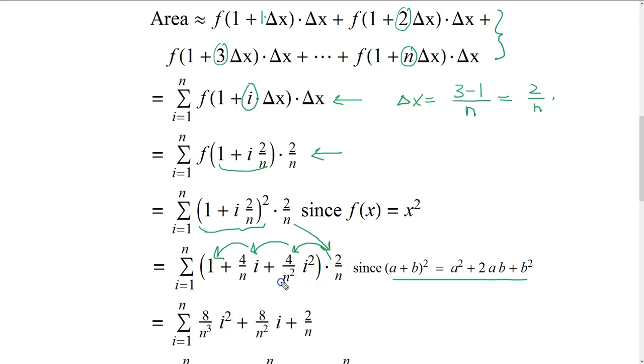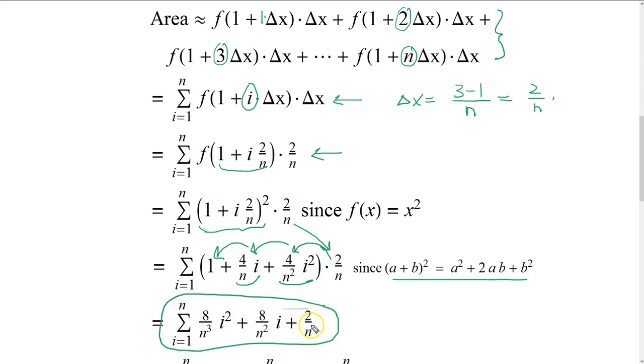That's 2 over n times this first term right here. That gives us this. And then 8 over n squared times i. That comes from this term right here being multiplied by 2 over n. And then 1 times 2 over n is 2 over n. So here we've boiled it down to this now.